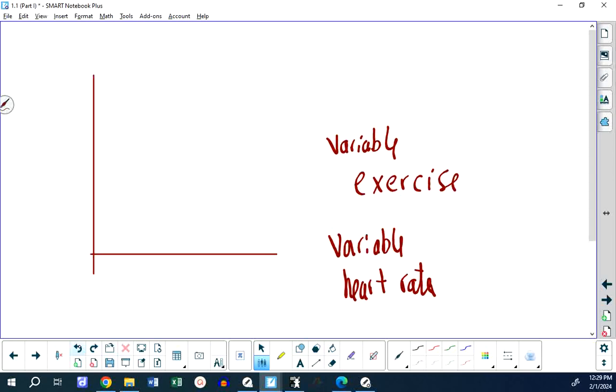So what makes more sense? My heart rate depends on how fast I'm running. That makes sense, doesn't it? If I turn it around and say how fast I'm running depends on my heart rate, that doesn't really make as much sense. And that means that the heart rate would go here, and how fast I'm running, well, the exercise would go here.